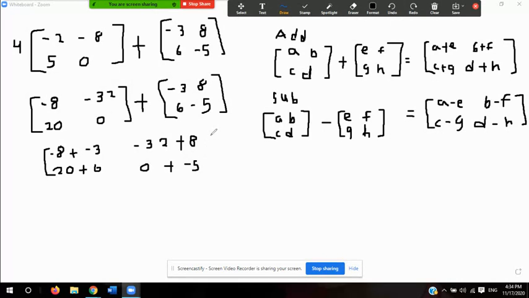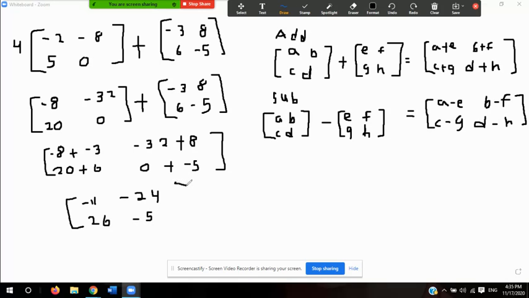Negative 8 plus negative 3 is negative 11. Negative 32 plus 8 is actually going to be negative 24. 20 plus 6 is 26. And 0 plus negative 5 is negative 5.